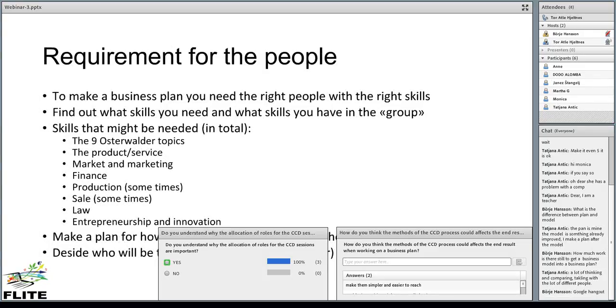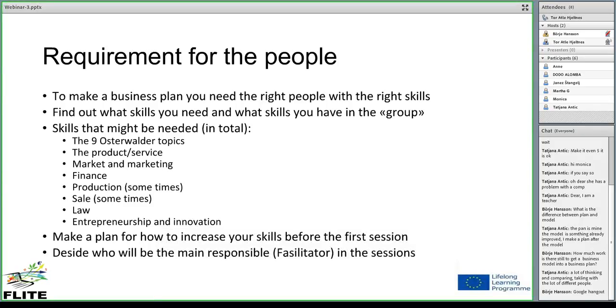In general, to make a business plan, you need the right people with the right skills. And in this course, you must be the right people, and then you also need to get the right skills. A good idea is that each person in your group, regarding the business idea you're working on, tries to find out what I know, what I'm good at, and where I can contribute the best.